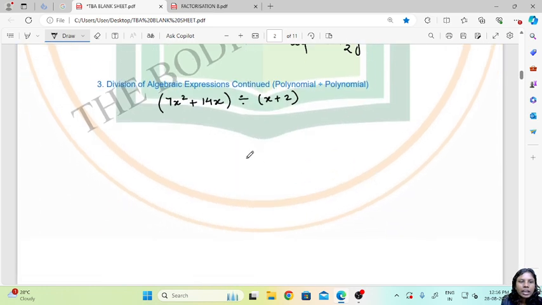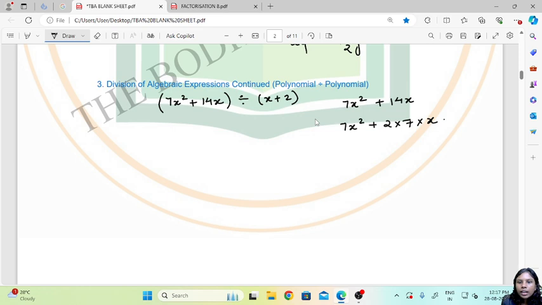Now next we have division of an algebraic expression, a polynomial by a polynomial. In this case, the numerator is in a different identity form from the denominator, so we have to convert it to that form. We write 7x square plus 14x as 7x square plus 2 into 7 into x, correct?